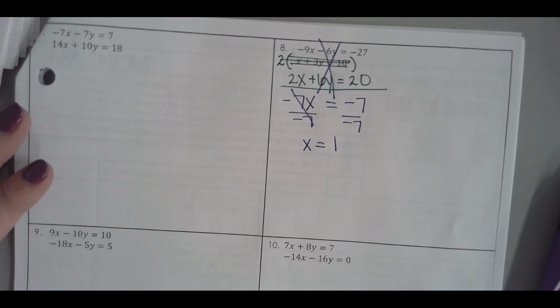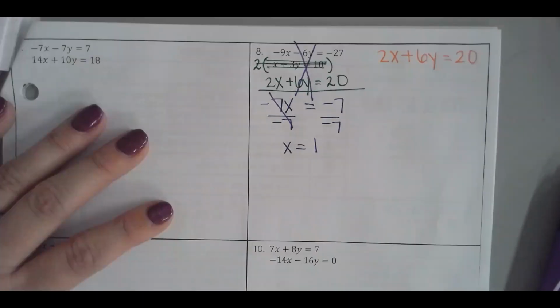So there's my x. I've got to plug it in. Those are all positive numbers. But I like to say, well, pick the one that is easiest. So x is 1. So I'm going to put that 1 in the x spot.